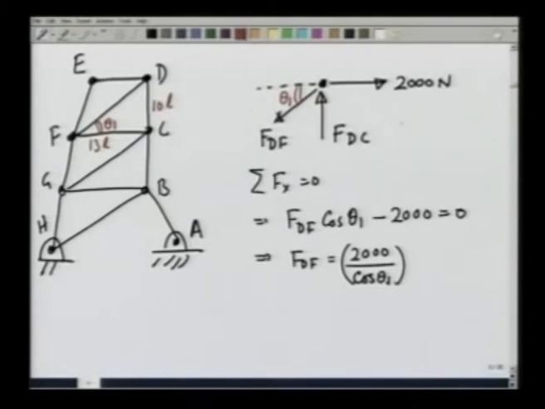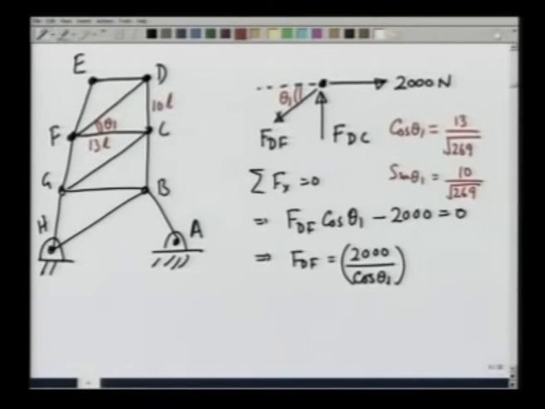Notice that cosine of theta 1 is going to be 13 over square root of 269, and sine of theta 1 is going to be 10 over square root of 269.